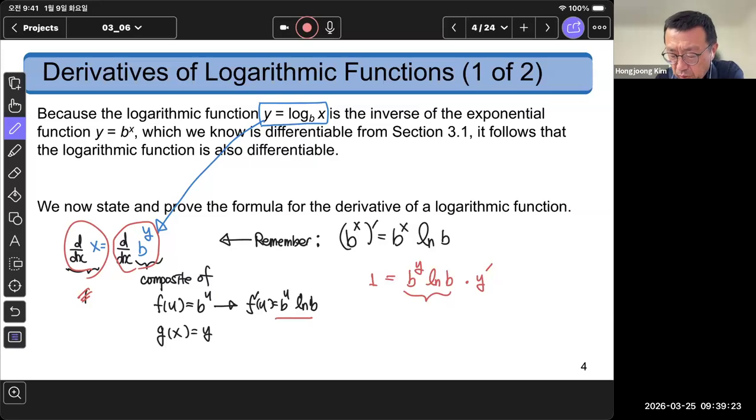So to get y prime, I need to divide this equation by the coefficient of y prime. So y prime will be 1 over b to the y times ln b. Now, what is b to the y?